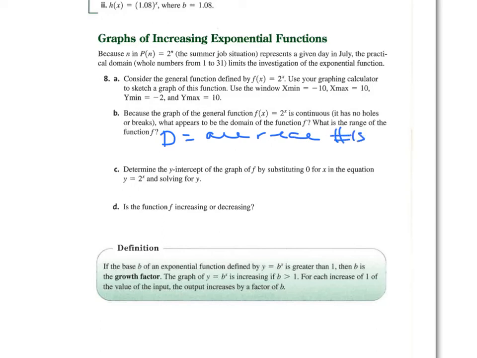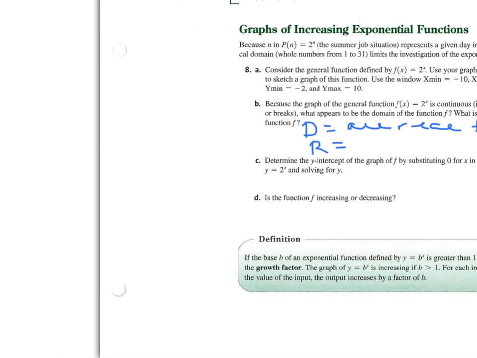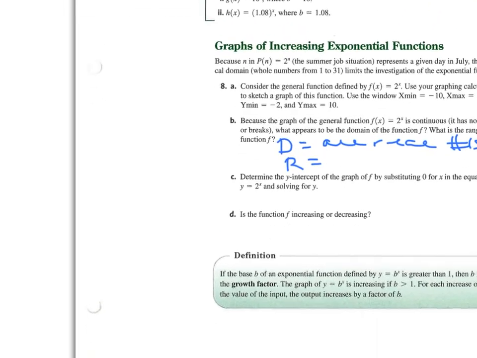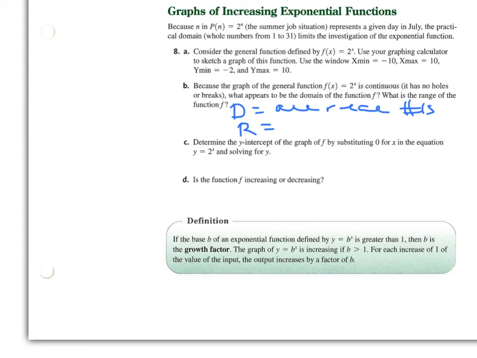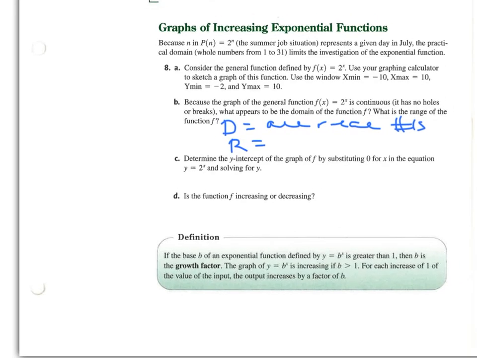And if you look at the range, the y's on that graph, let me see if I can find it. Oh, okay. I actually thought that they showed you that output, so I'm just going to do a quick little sketch over here. So the actual sketch of the graph looks something like this.